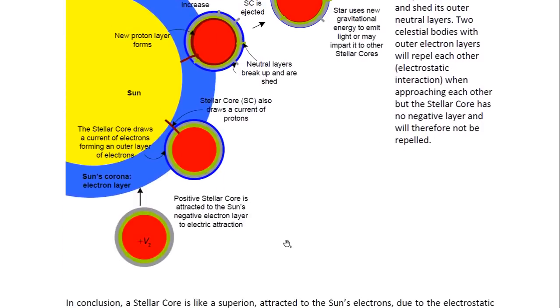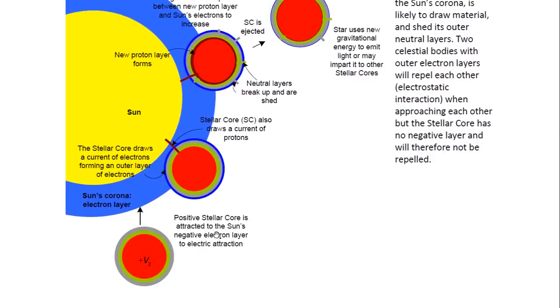So this is illustrated here. We see a stellar core with a neutral outer layer, or maybe a neutron layer, being attracted to the sun's corona because it's a super ion, is positively charged.